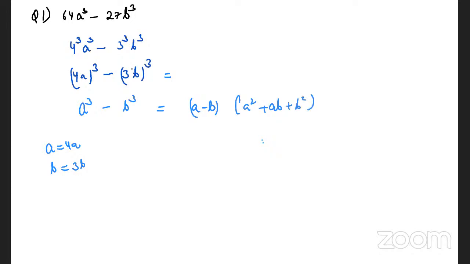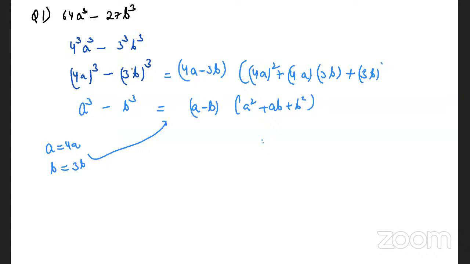And in the same way, if you put the values into this, it will become 4a minus 3b, 4a square plus 4a into 3b plus 3b square. Simple. Done. Understood?